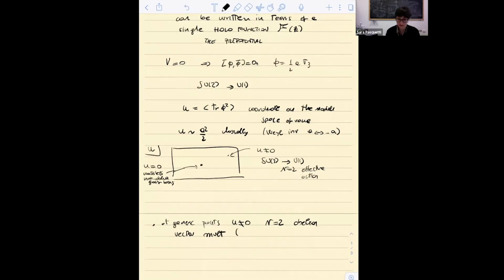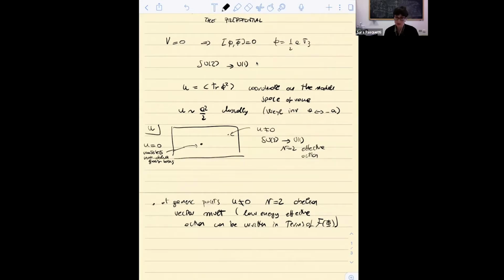And then we know that the low energy effective action can be written in terms of the prepotential. And this is what we are going to discuss in a moment.